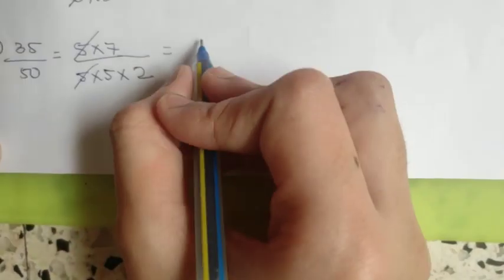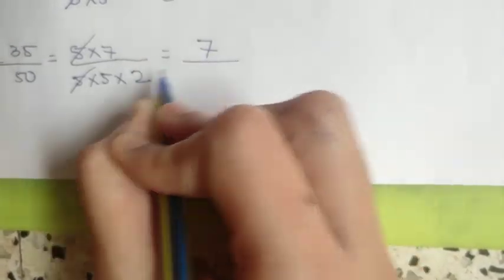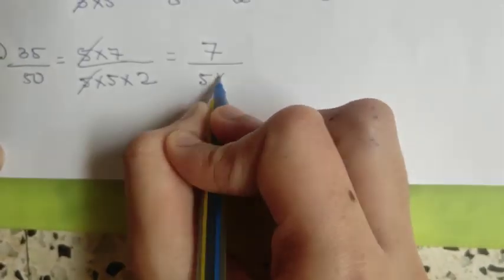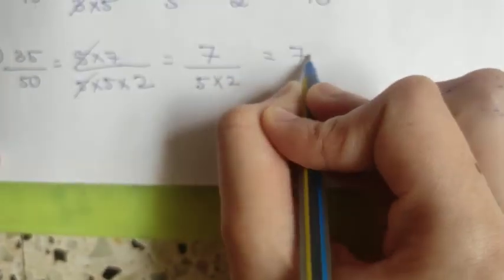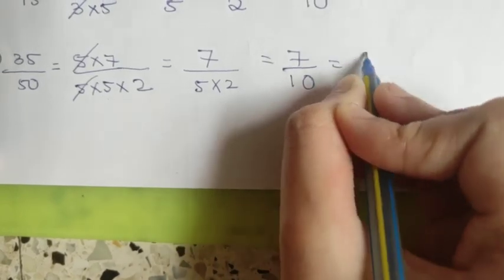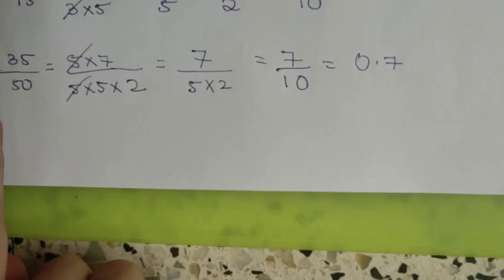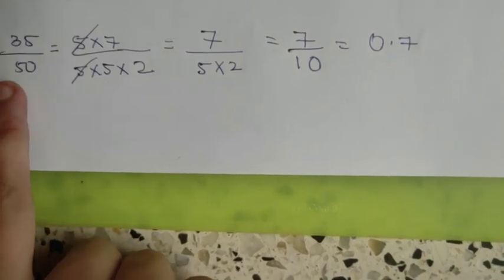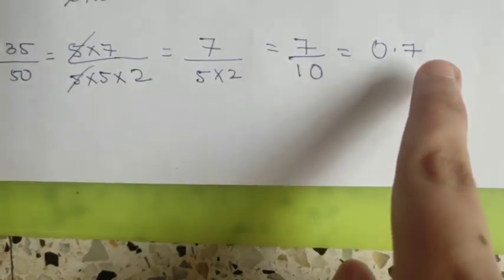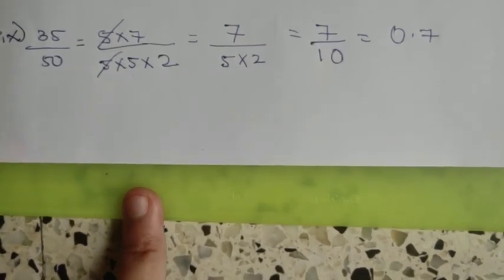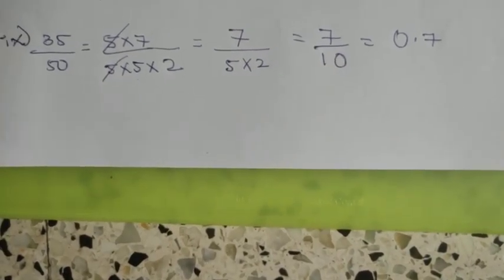So the remainder is 7 by 5 into 2, that is 7 by 10. So when we divide, we get 0.7. So you can see that the decimal expansion of 35 by 50 is 0.7. This was the last of question number 2.